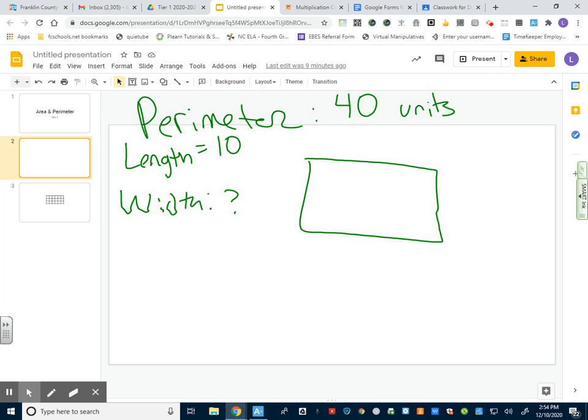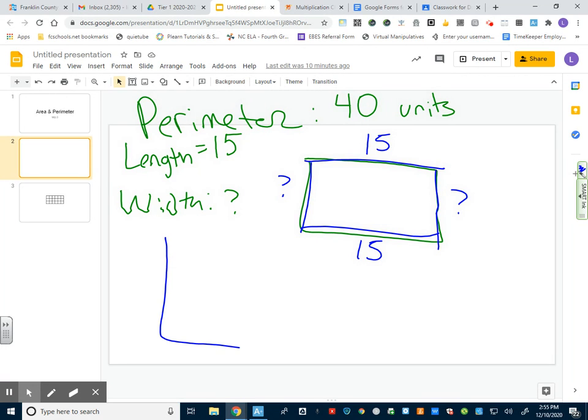Actually, I'm going to change that 10 because I'm thinking ahead. That would actually make a square. We'll make the length 15. Since I know the perimeter is 40, I know that all four sides together are going to equal 40 altogether. So if these two sides are 15, I need to find these two sides.